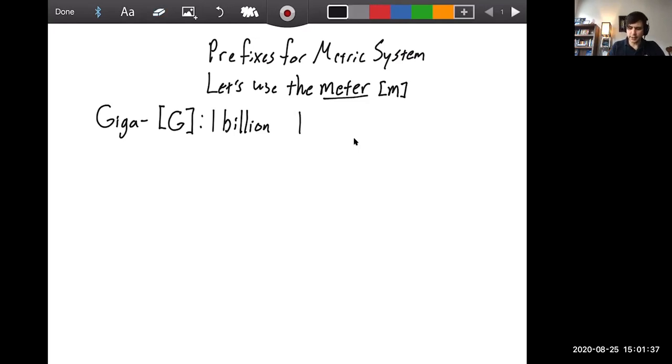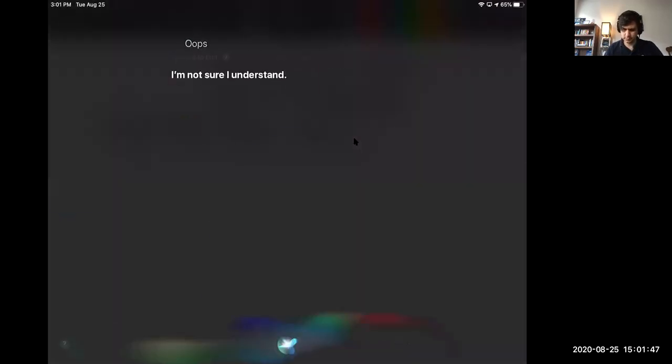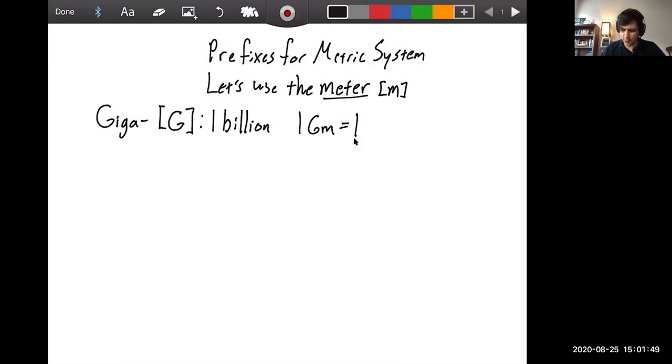So 1 gigameter equals 1 billion meters. And in this case, I'll actually write that out as 1 with 9 zeros.